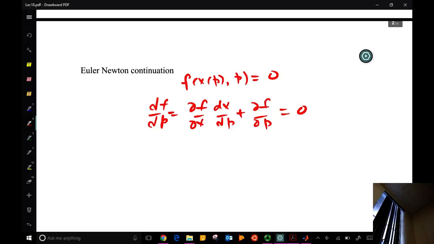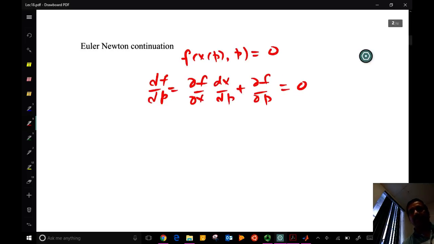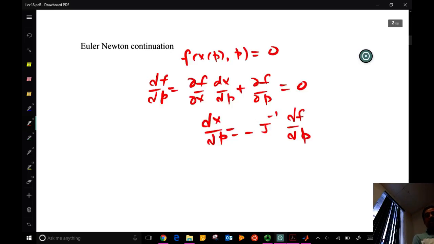Where is the tangent vector hidden in there? dx dp. So dx dp is the vector that you are after. You can actually calculate that in a very simple way. What is that? dx dp is minus J inverse df dp. What is df dx?